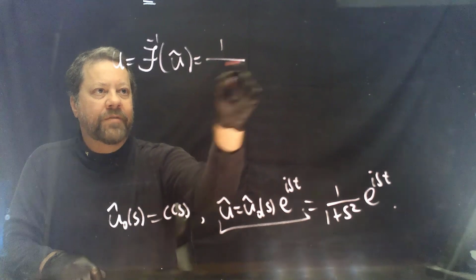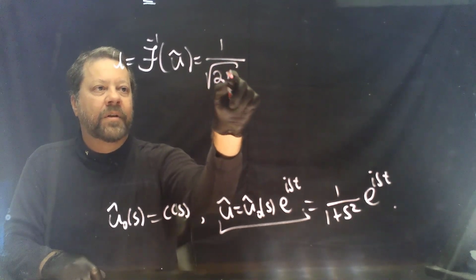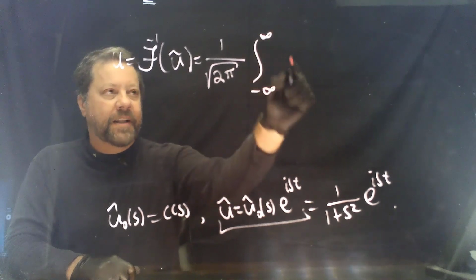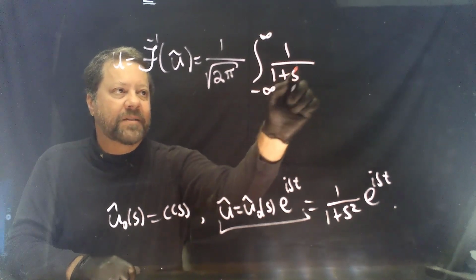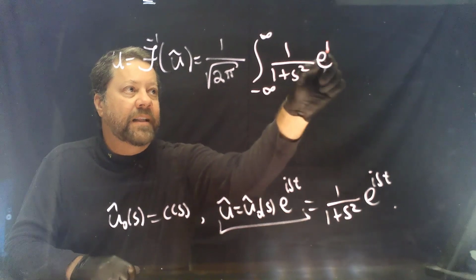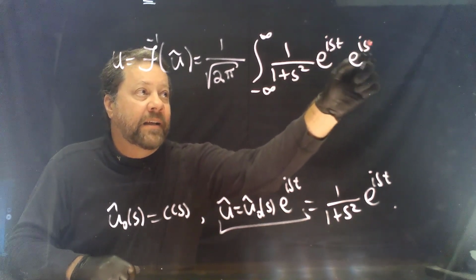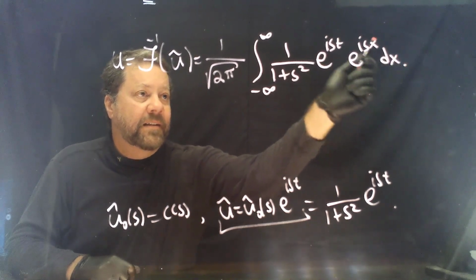So we'll get 1 over root 2 pi, the integral from minus infinity to infinity of 1 over 1 plus s squared e to the ist times e to the isx dx.